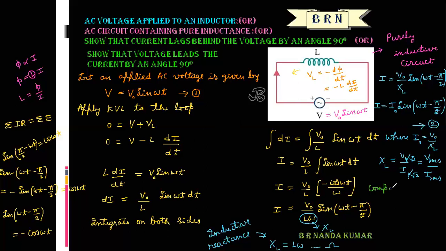We can conclude, comparing equations 1 and 2, that current lags behind the voltage by pi by 2 radian, or in other words, voltage leads the current.